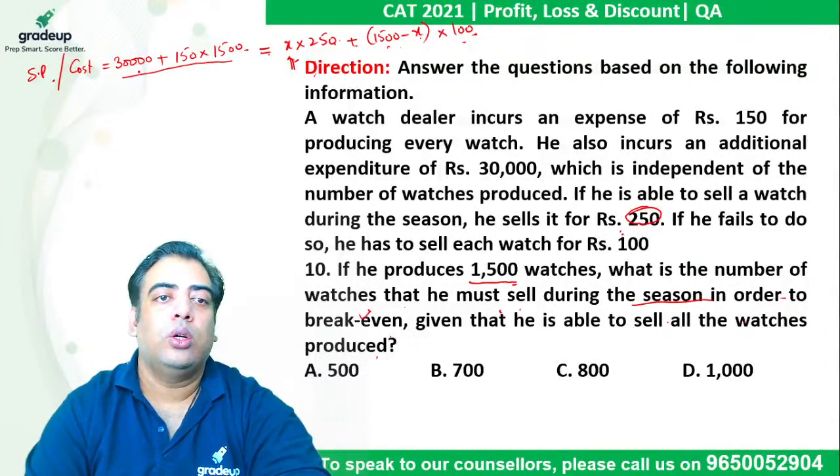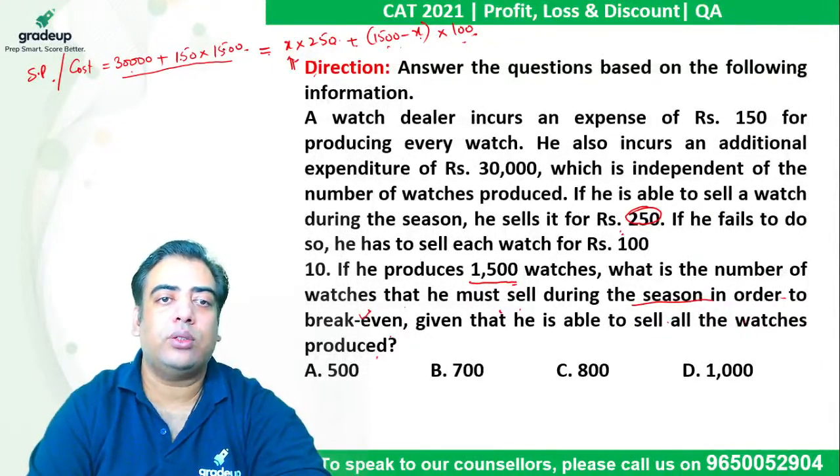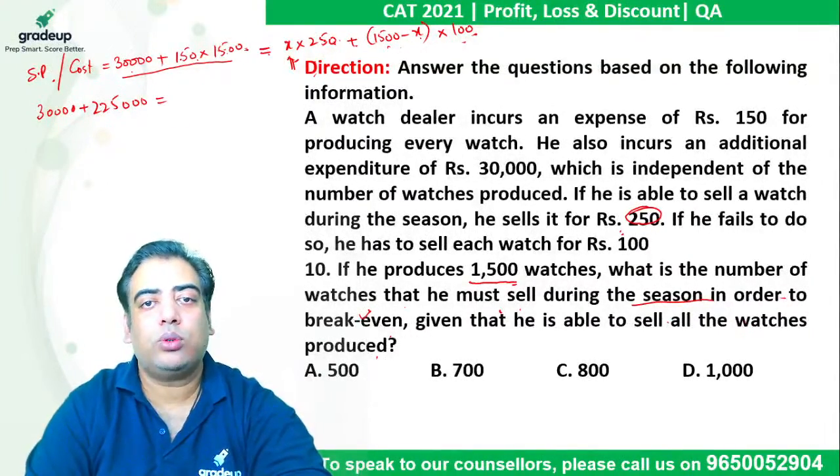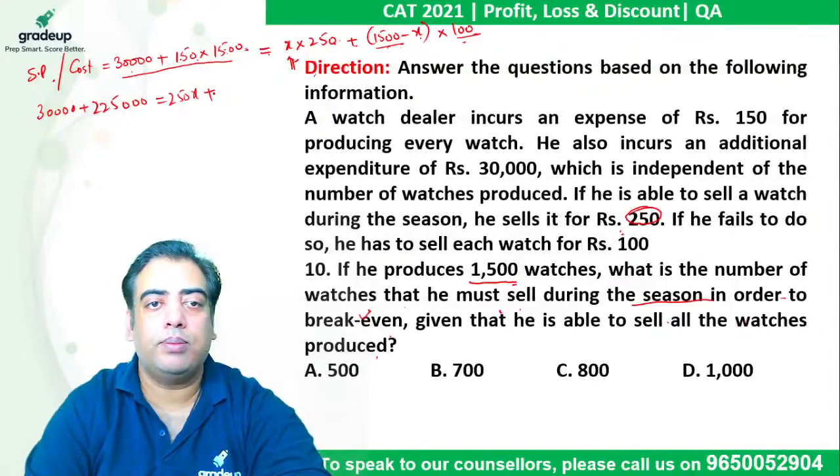All right. So 30,000, plus 15 into 15 is 15 square, which is 225, followed by 3 zeros, equals 250x plus 1500 into 100, which will be 15 followed by 4 zeros, which is 1.5 lakhs, minus 100x.